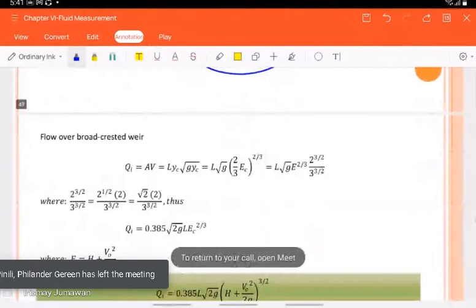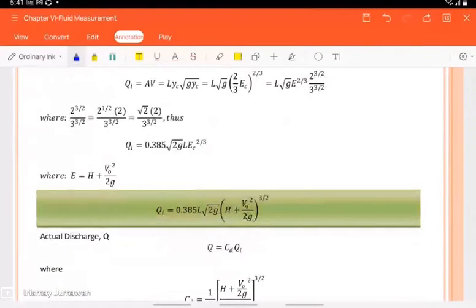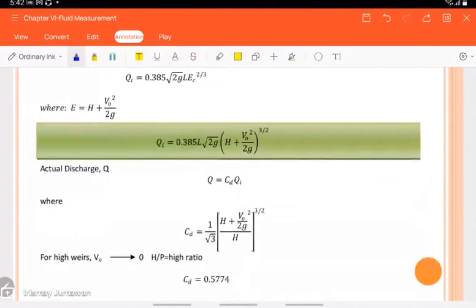Okay, we have here the derivation. In getting the discharge for the broad weir, we have 0.385 times the length of the weir times the square root of 2g times H plus the velocity head, V squared over 2g, raised to the power of 3/2. This is considering the velocity of approach. So, to get the actual discharge, you have to multiply it by the coefficient of discharge.